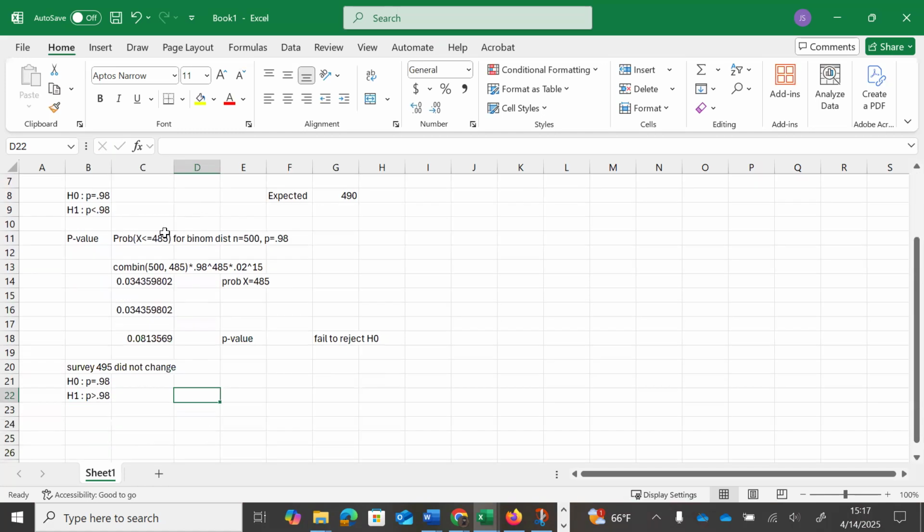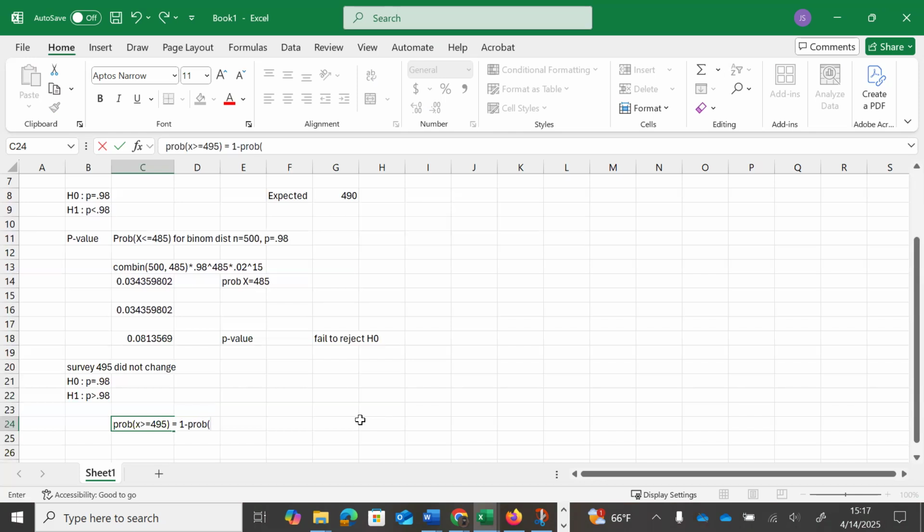Instead of wanting the probability of x less than or equal to 495, we want the probability that x is greater than or equal to 495. Well, you just do the standard right-tailed trick. The probability x is greater than or equal to 495 is the same thing as 1 minus the probability x is less than or equal to 494.